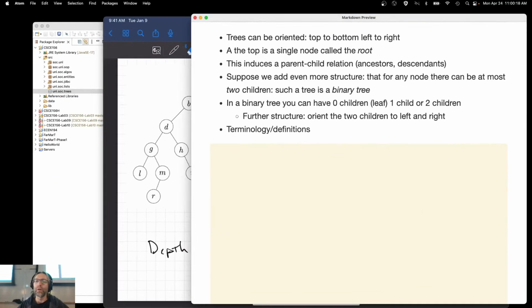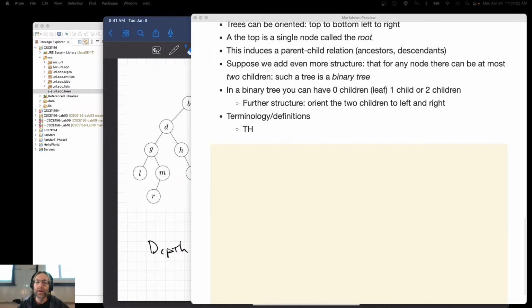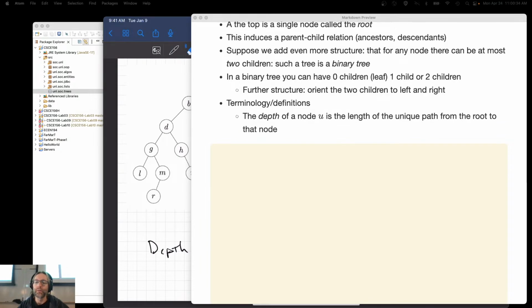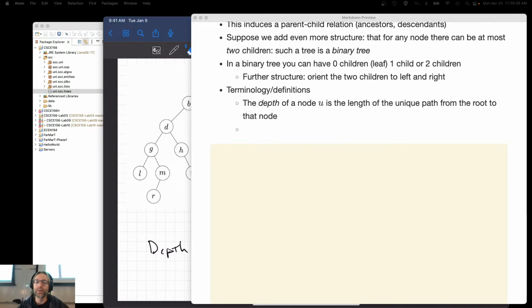All right, so some terminology definitions here. The depth of a node U is the length of the unique path from the root to that node. By convention, the depth of the root is 0, right?